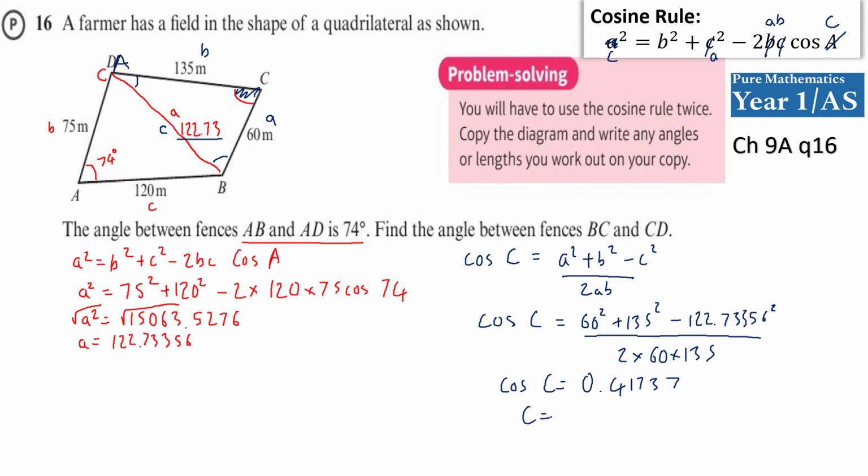So C is going to equal the inverse cos of that, which equals 65.3 degrees to 3 significant figures. And I'll just get used to rounding to 3 significant figures because most exam questions ask that of you.